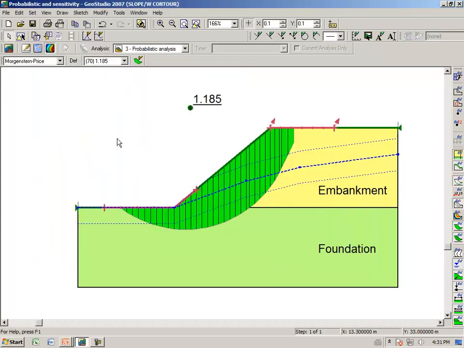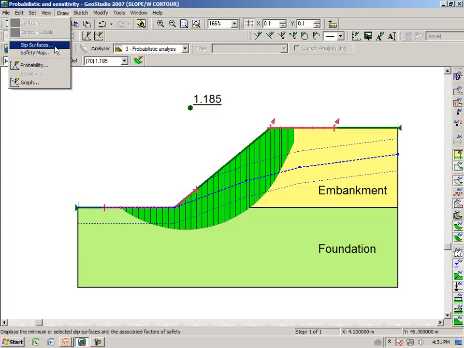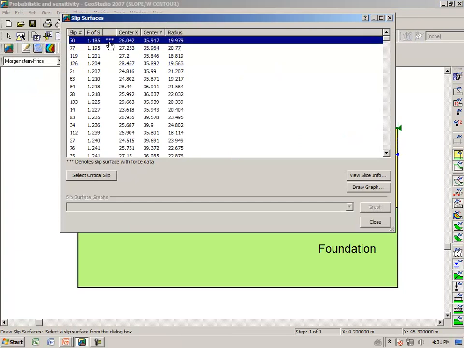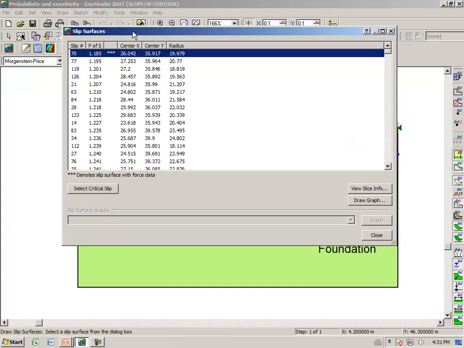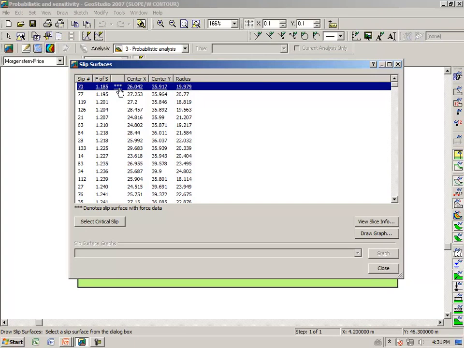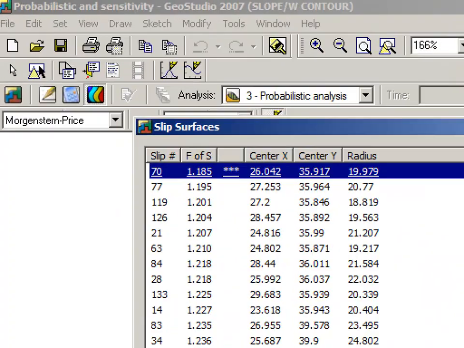It is possible to do the Monte Carlo analysis on more than one trial slip surface. I believe that in this case, if we say draw slip surfaces, you see this 3 stars. It means that we have only done the detailed forces and the Monte Carlo simulation on this one trial slip surface.